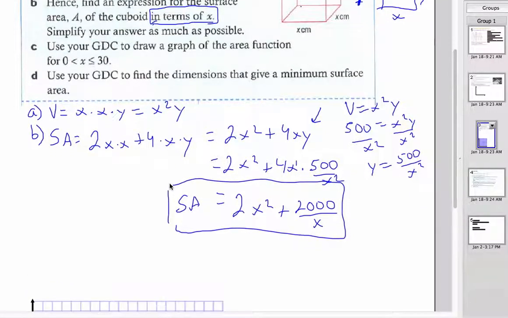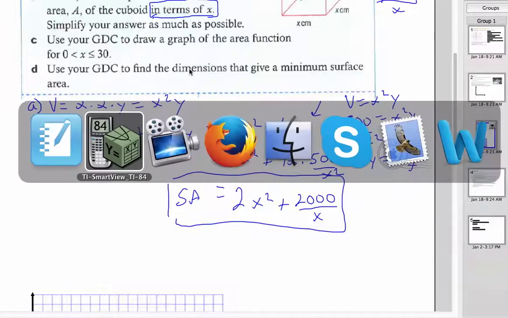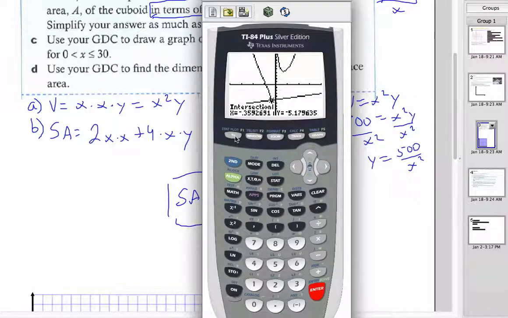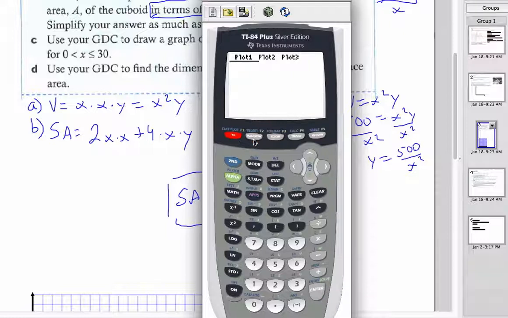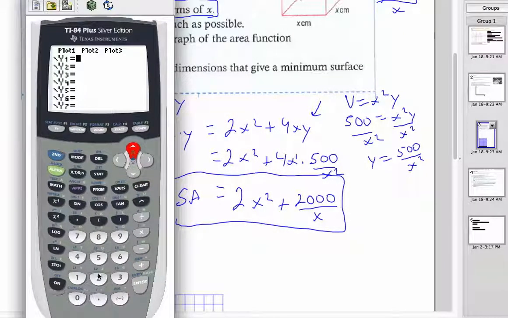Okay, we're going to graph this function now from 0 to 30. So let's do that. I'm going to go to y equals and clear these functions. We're going to graph this function, which is 2x squared plus 2,000 divided by x.